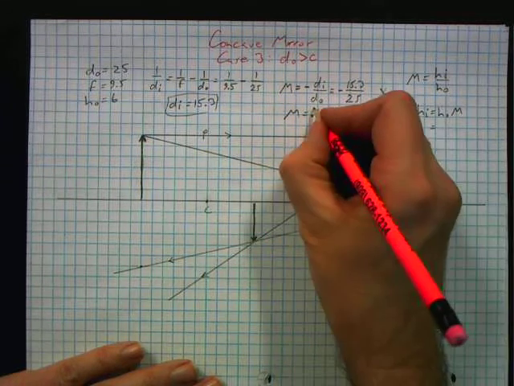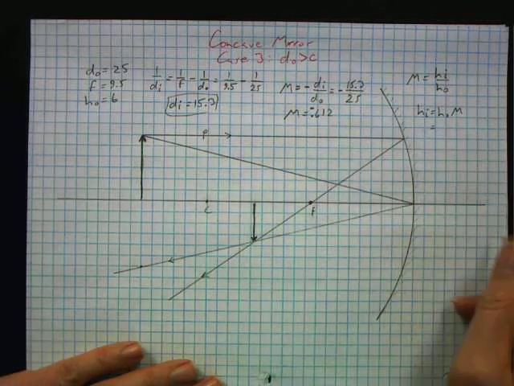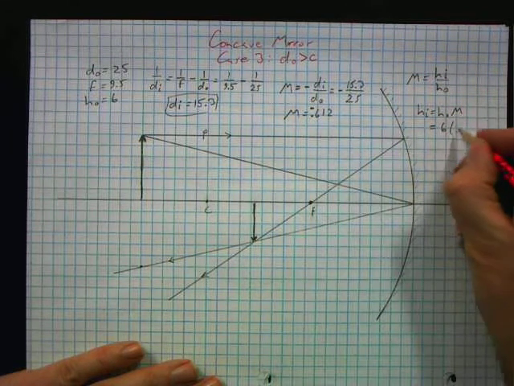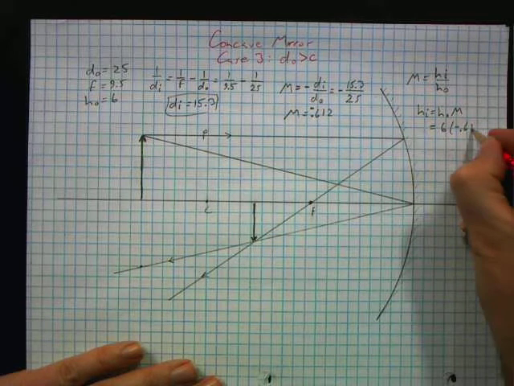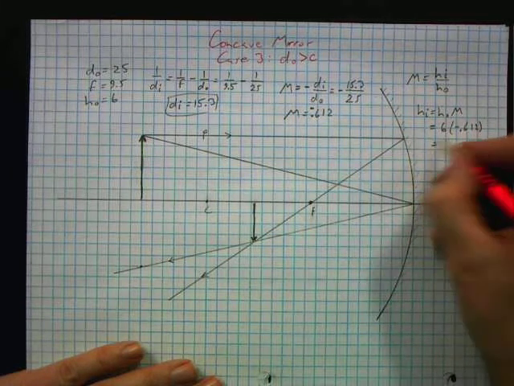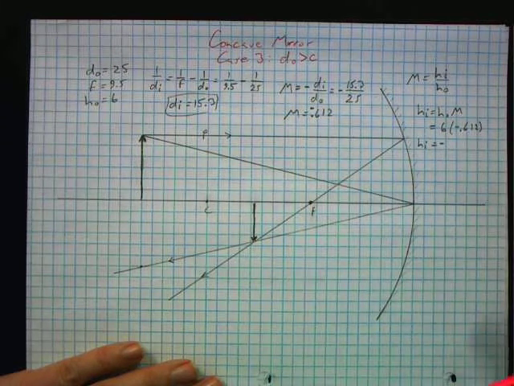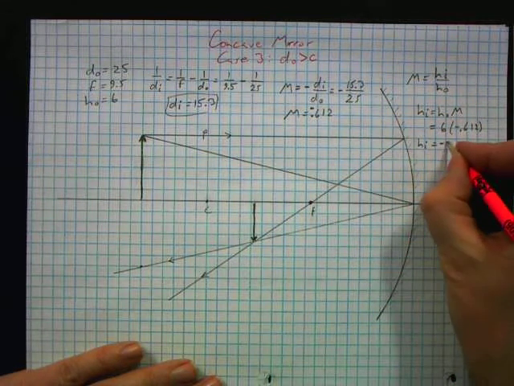Oh, and I forgot the minus outside there. So that's going to be equal to 6 multiplied by negative 0.612. So the height of my image should be a negative 3.7.